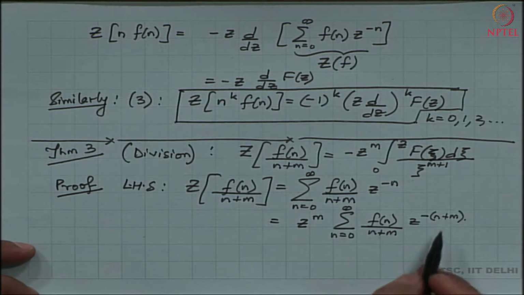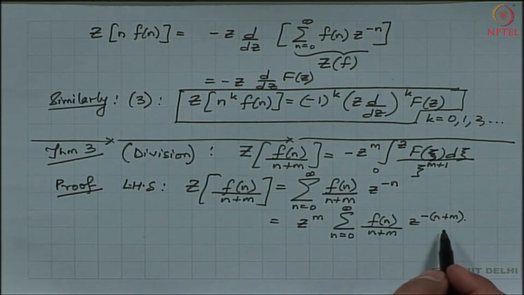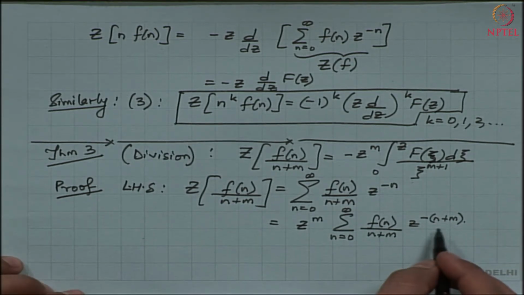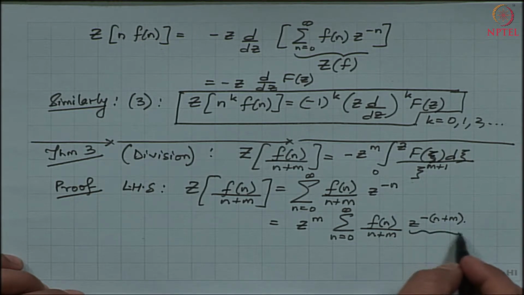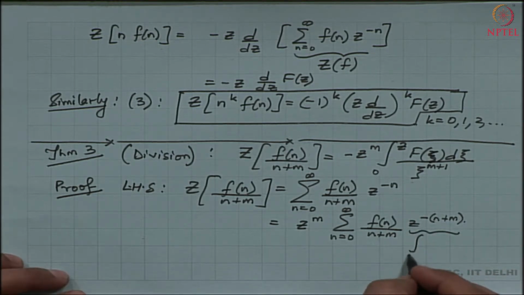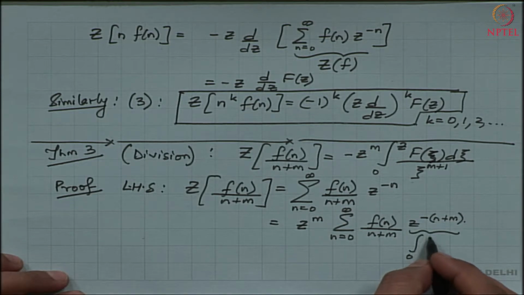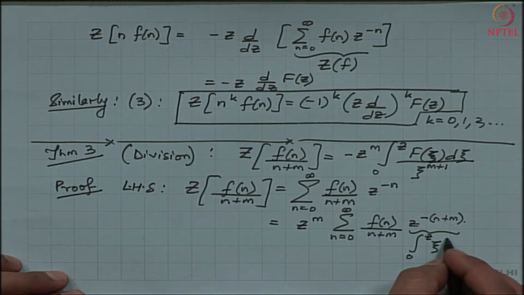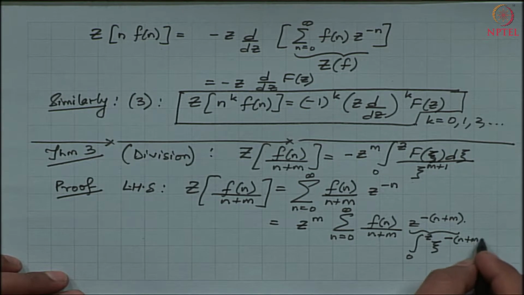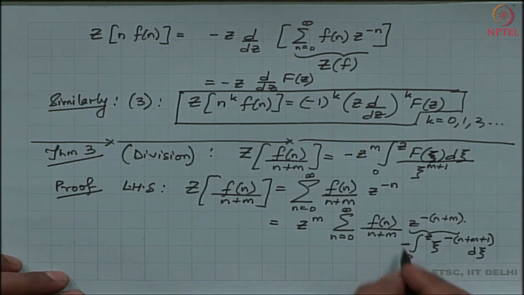So, why I did that is I am going to rewrite this particular factor z to the power minus n plus m and represent it by an integral, namely this particular integral. This is integral 0 to z. Let us introduce a dummy variable zeta. So, zeta to the power negative n plus m plus 1 d zeta and with a negative sign.